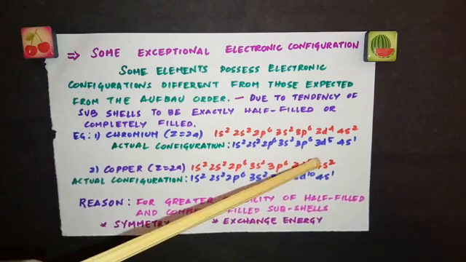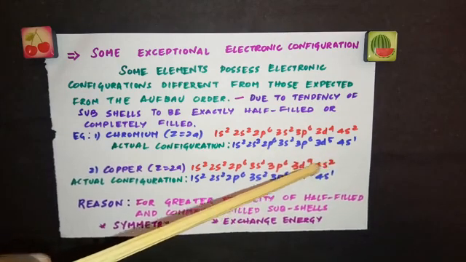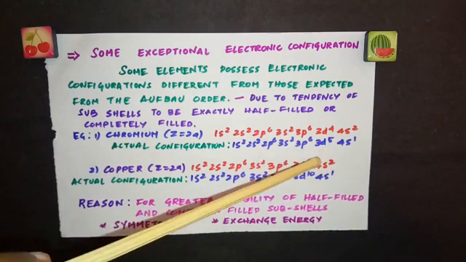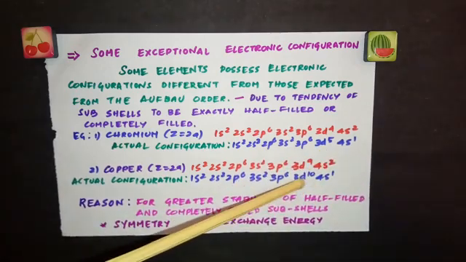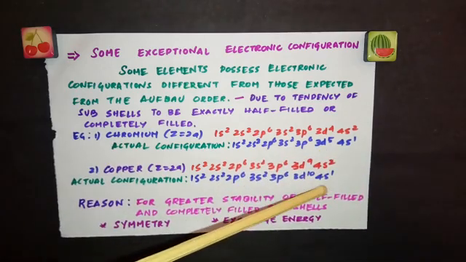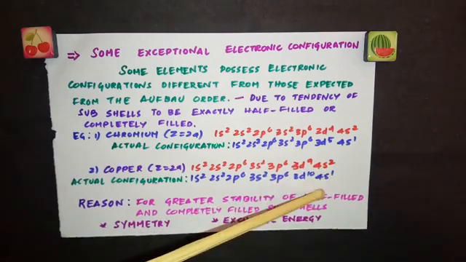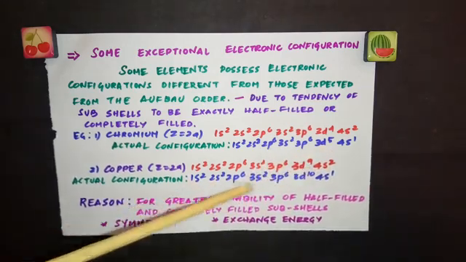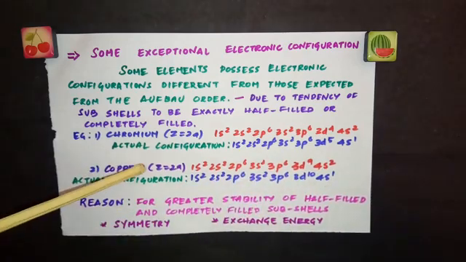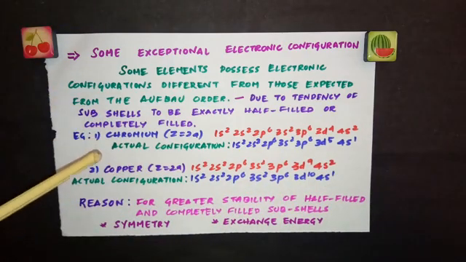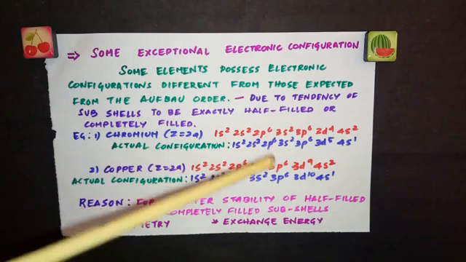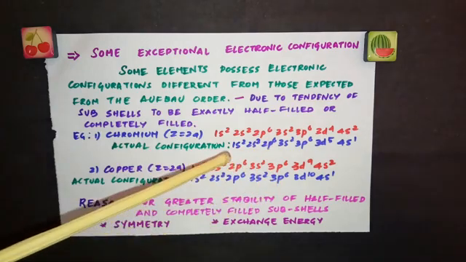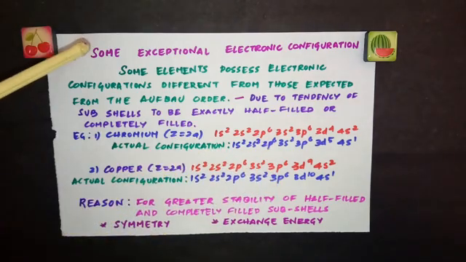So instead of 3d9 4s2, you can have a doubt here: s is fully filled, but compared to this, 3d10 4s1, which is fully filled and half filled, is more stable than this configuration. So this is the actual configuration for copper. The reason why half filled and completely filled subshells are more stable, we will see.